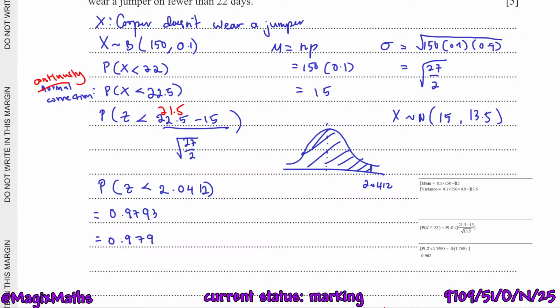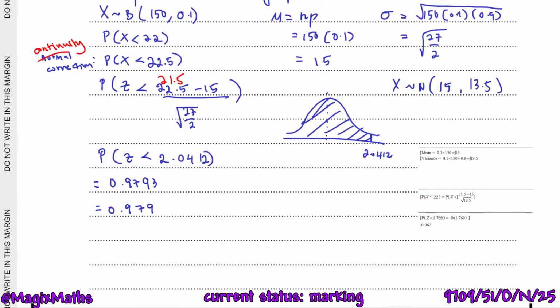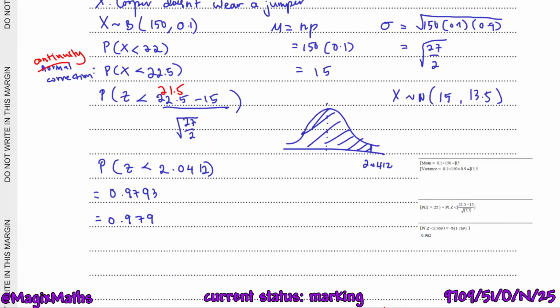But why is it 20? Oh, so it's less than, it's not less than or equal. So if it's less than, then it's not inclusive of 22, so it's 21.5. If it's less than or equal, then it should be 22.5.